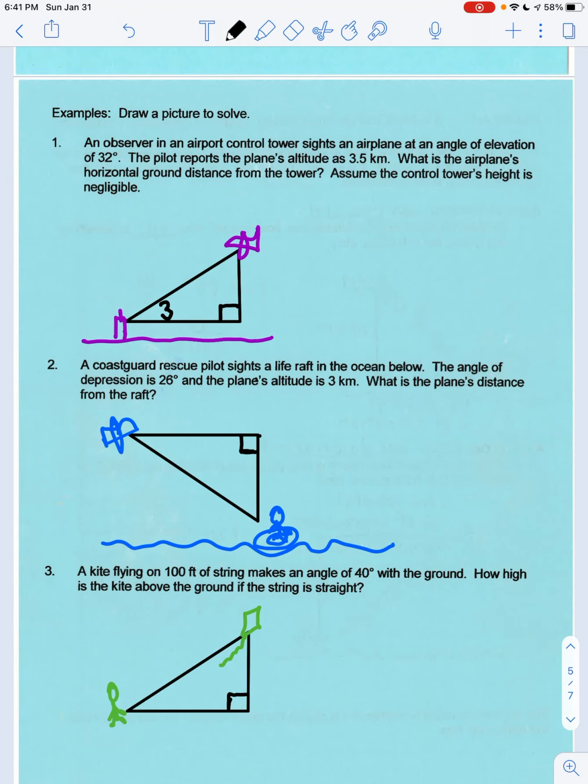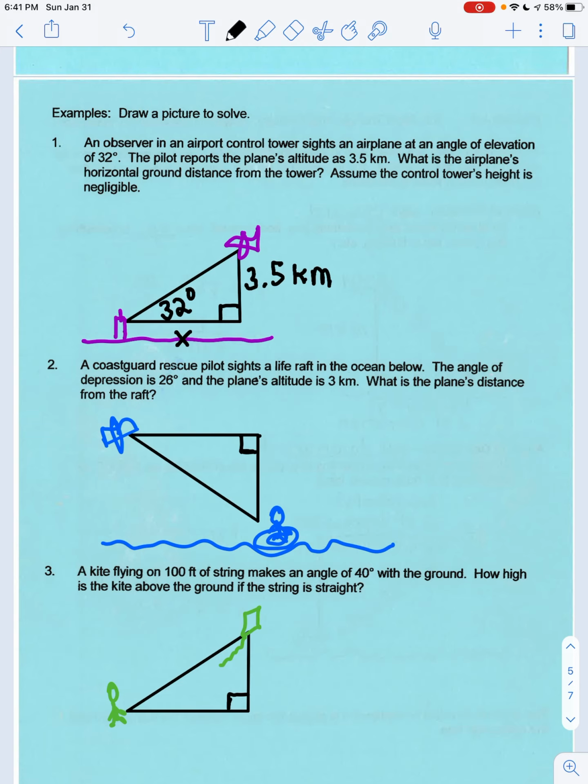So that angle of elevation of 32 degrees is right there. If the plane's altitude is 3.5 kilometers, that would put that right there. And if they want to know the plane's horizontal distance, that would be that distance right there.